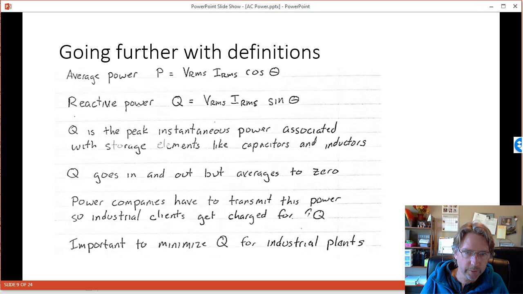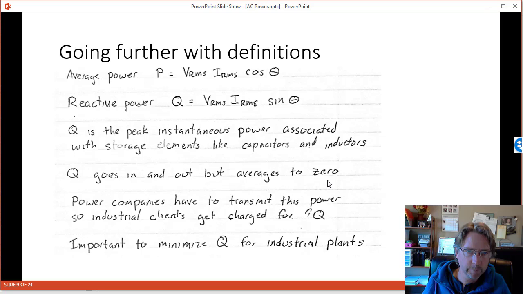The average power, if you're giving power to a capacitor or an inductor, is 0 because they store it and then they release it. So reactive power averages to 0, so you don't use it in terms of fuel burned. It goes in and out of the system, the load, but the average is 0. So at your house, PG&E doesn't charge you for this because it's not something you're burning on average.